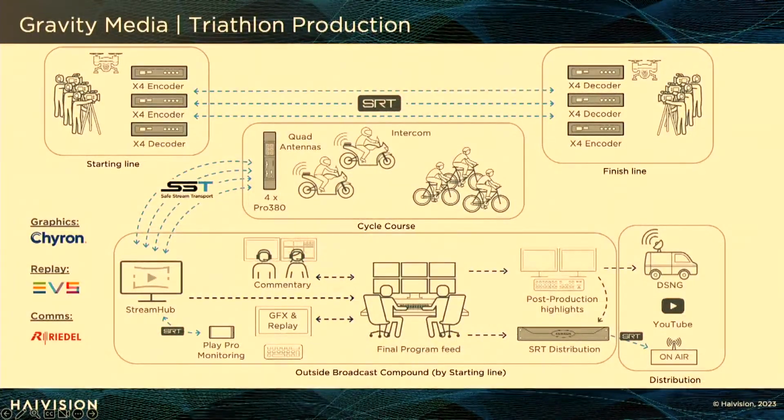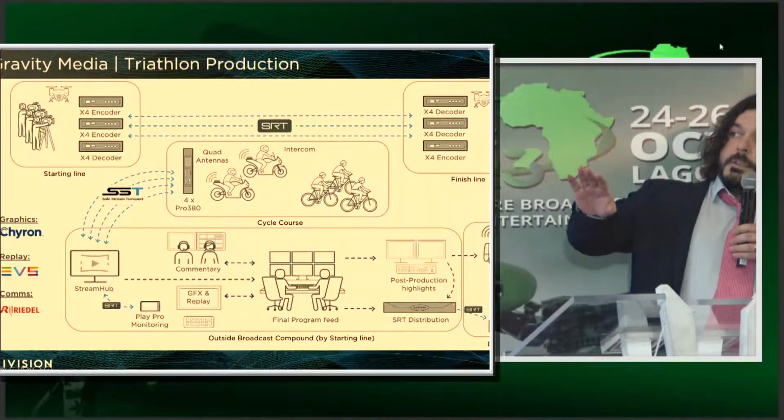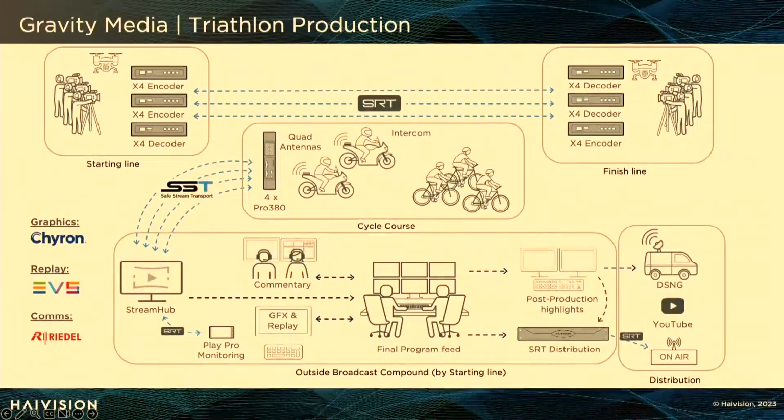The next workflow I want to show is for sport production. That's an example with Gravity Media covering a triathlon race. They had fixed cameras at the starting line and fixed cameras at the finish line, but they also had on-the-move cameras on motorbikes.